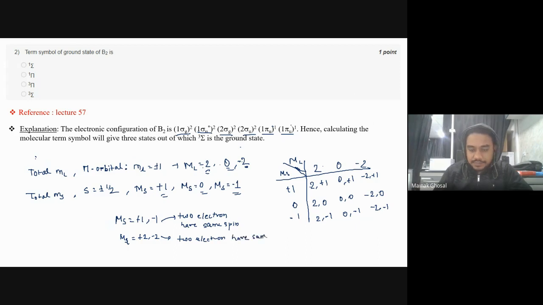So according to Pauli's exclusion principle, same ml and same ms are not possible. All four quantum numbers cannot be the same.